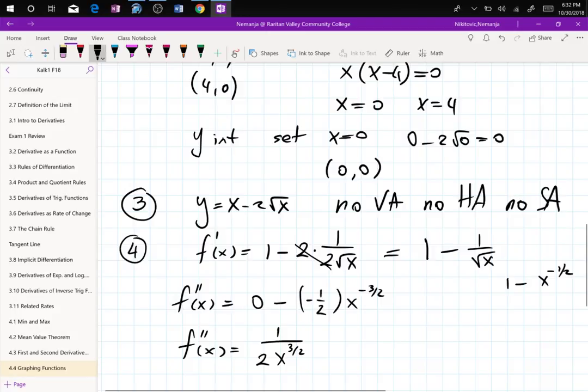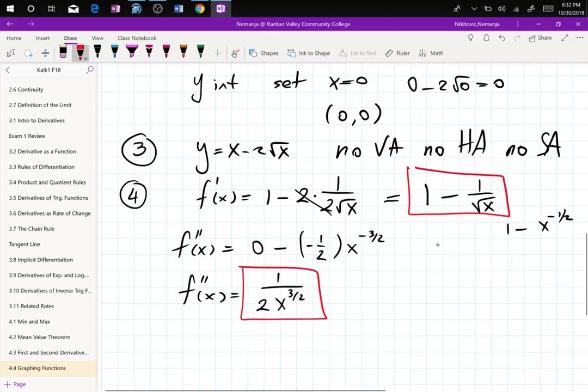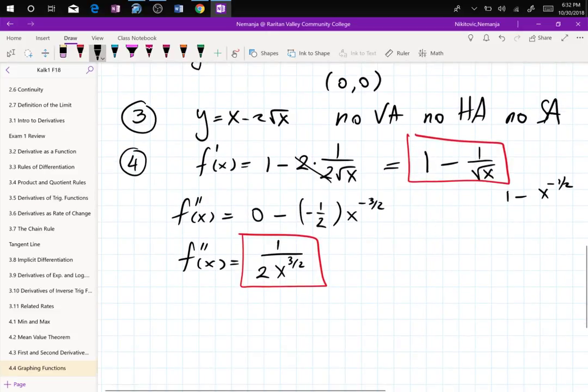So now I have my first derivative right here, and I have my second derivative right here. These are the two derivatives that I need. All right, so now we are already in the calculus portion. We took the derivatives, that's calculus.